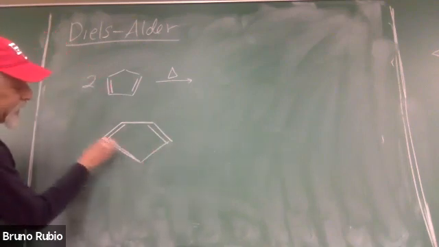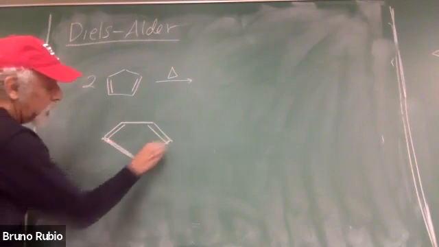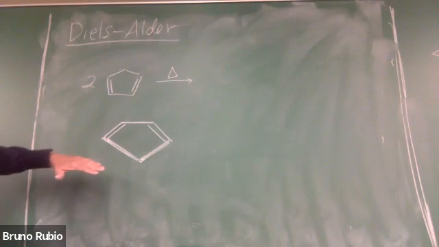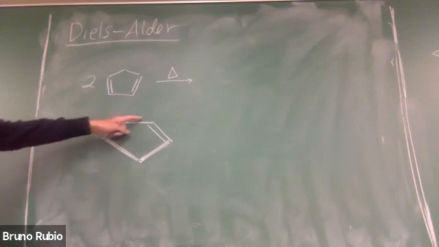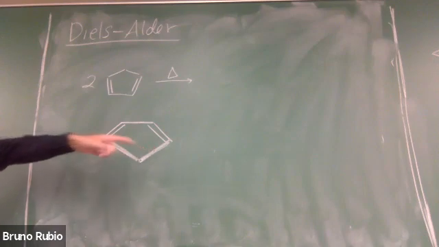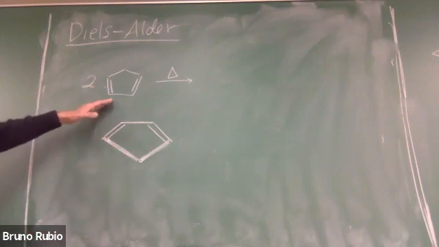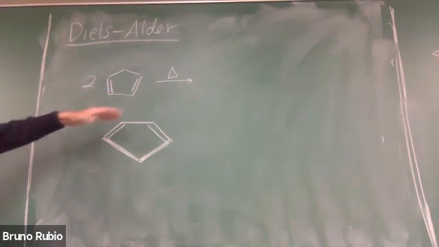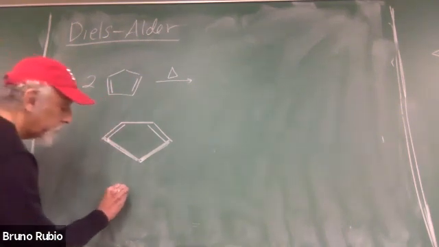There's the diene, right? He's sitting on his little tabletop. There's that S-cis conformation. The other molecule of cyclopentadiene is going to contribute the dienophile.